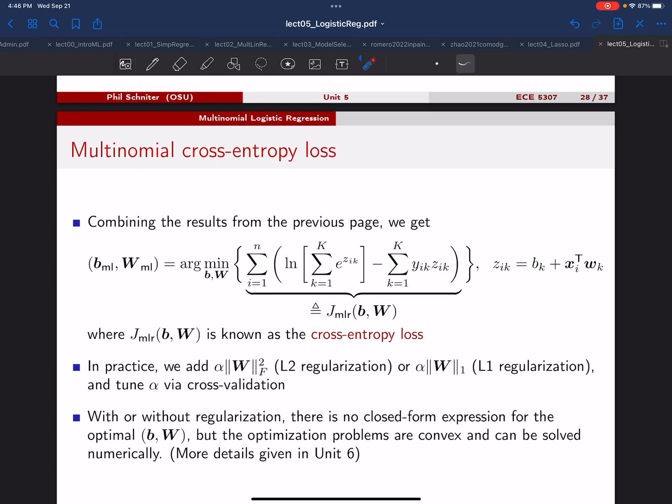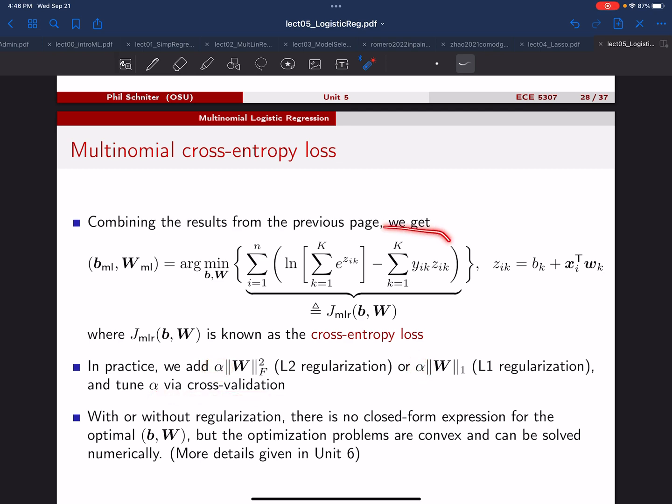And similar to the binary case, in practice we add an L2 or L1 regularization to prevent the parameters from going to infinity when things are linearly separable. Or in general, maybe we have correlation in our features, in which case this could help, or maybe we want to do feature selection. So finally, we have to tune alpha, and as always, we do that with cross-validation.